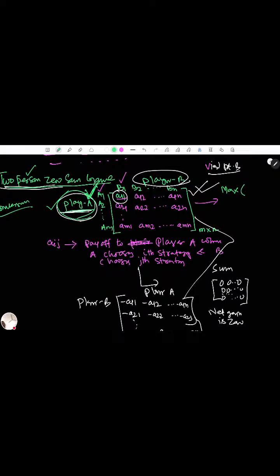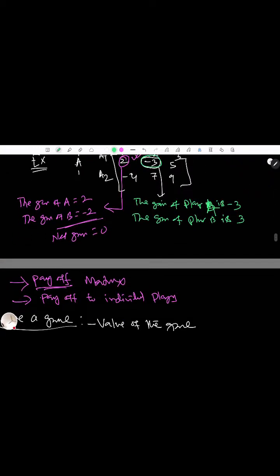So A's objective is to maximize the minimum profit. The objective of B is to minimize the loss, that is, to minimize the maximum loss. So this is the viewpoint from player A and player B.